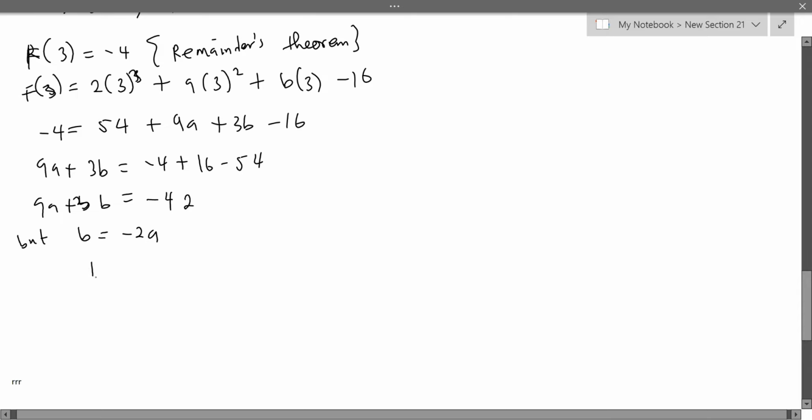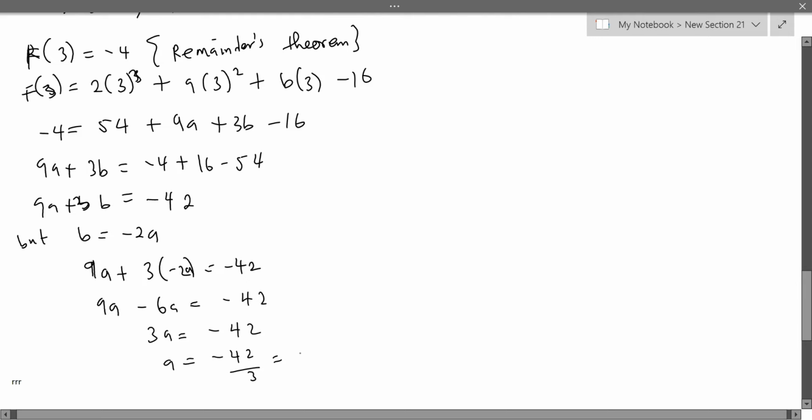So if you substitute that, you get 9a plus 3 times minus 2a equals minus 42. So 9a minus 6a equals minus 42. You get 3a equals minus 42. So a is equal to minus 42 divided by 3, that is minus 14. We also have b is equal to minus 2a, so that is minus 2 times minus 14, we get 28. So b is equal to 28.